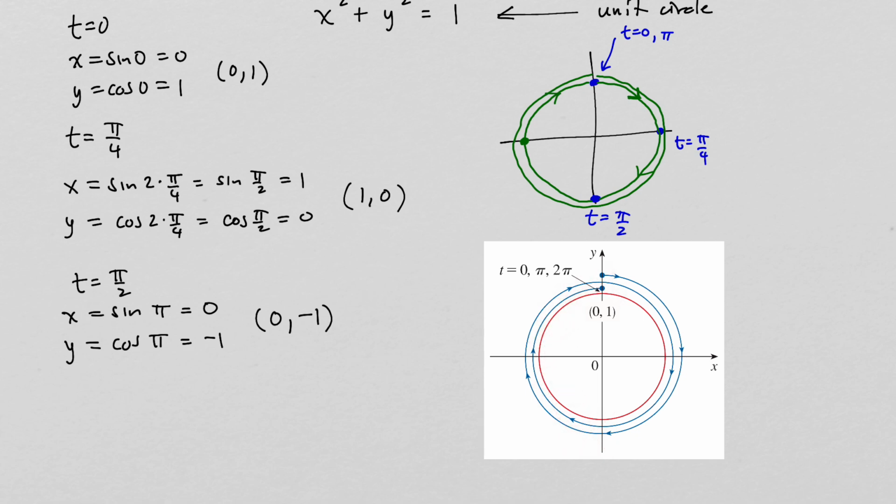So although the curve is the same in terms of the set of points as the last example, the tracing of the curve is different, both in direction and also the fact that we trace through this circle 2 times as compared to only tracing through the circle 1 time in the previous example. And this is why parametric equations are so valuable, because they can distinguish between these small differences between the curves.